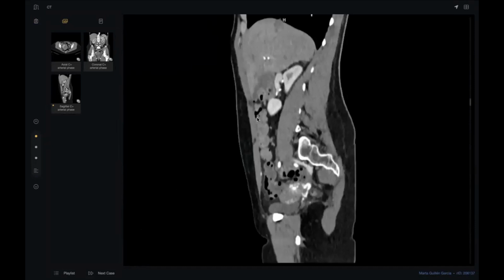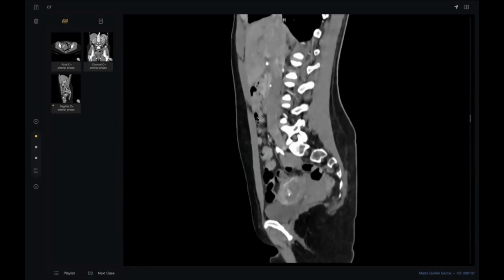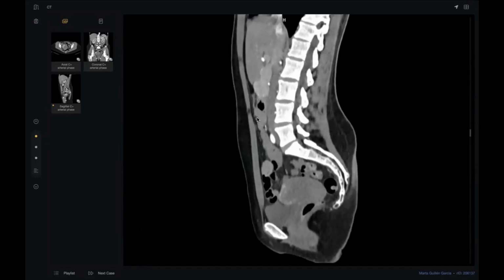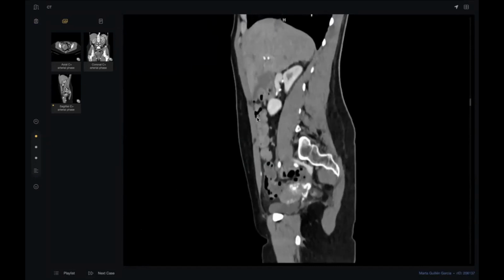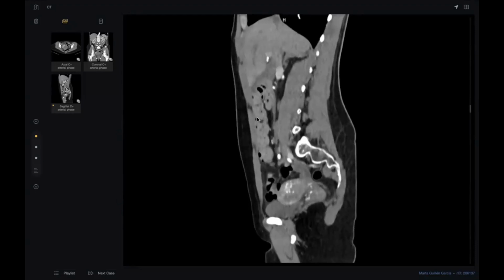I can see that the pelvic uterus is bulky, and there are multiple tortuous vascular structures seen within the uterine myometrium. Yes, I have a suspicion of extravasation. There is no free fluid.